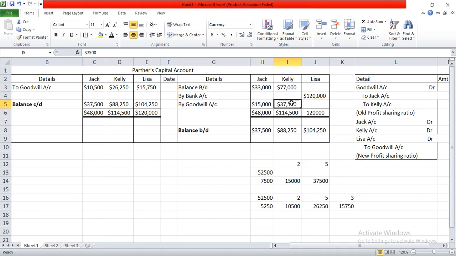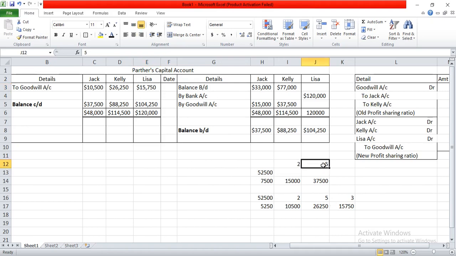Similarly, Kelly received 37,500 but paid only 26,250, whereas Lisa did not receive anything and is paying 15,750. This 15,750 is given to Jack and Kelly in their old profit sharing ratio, which is 2:5.